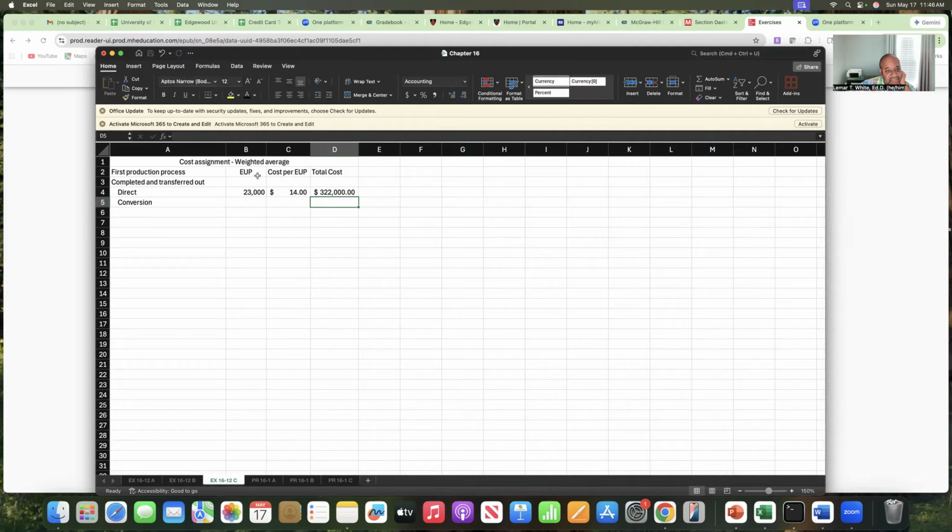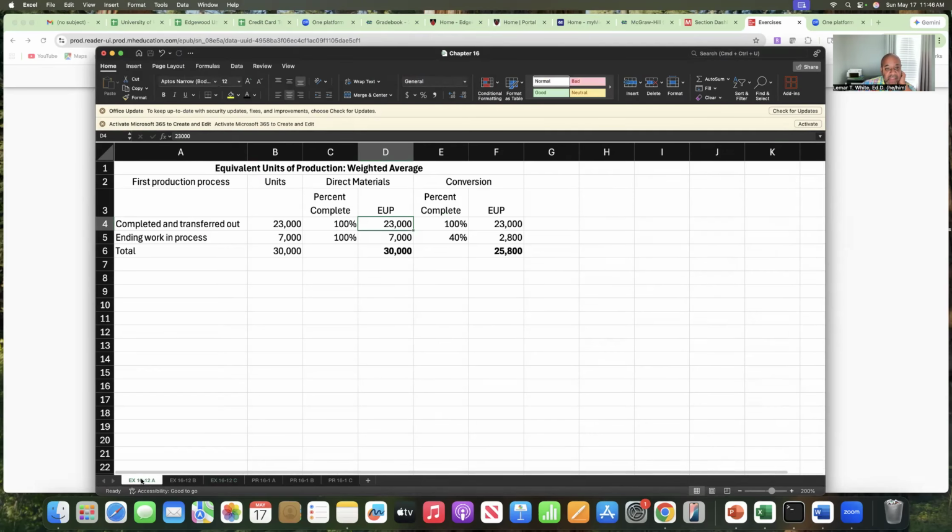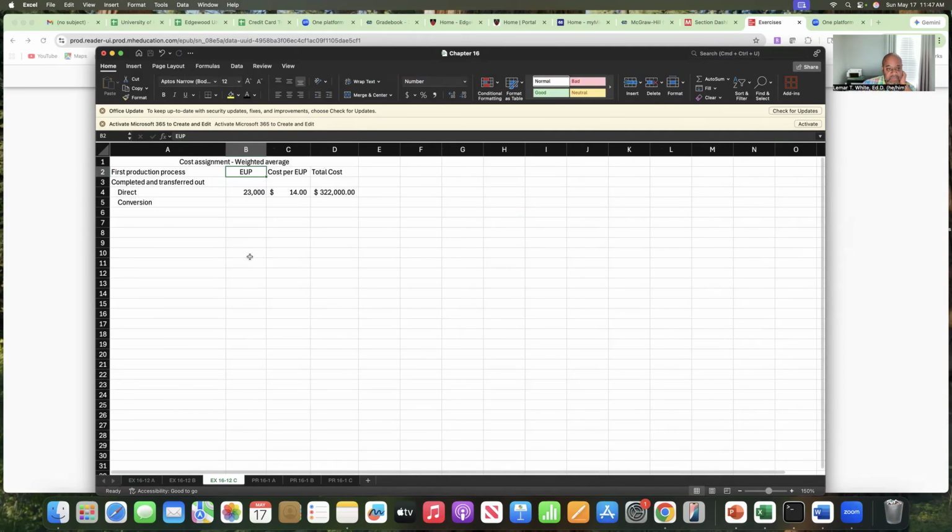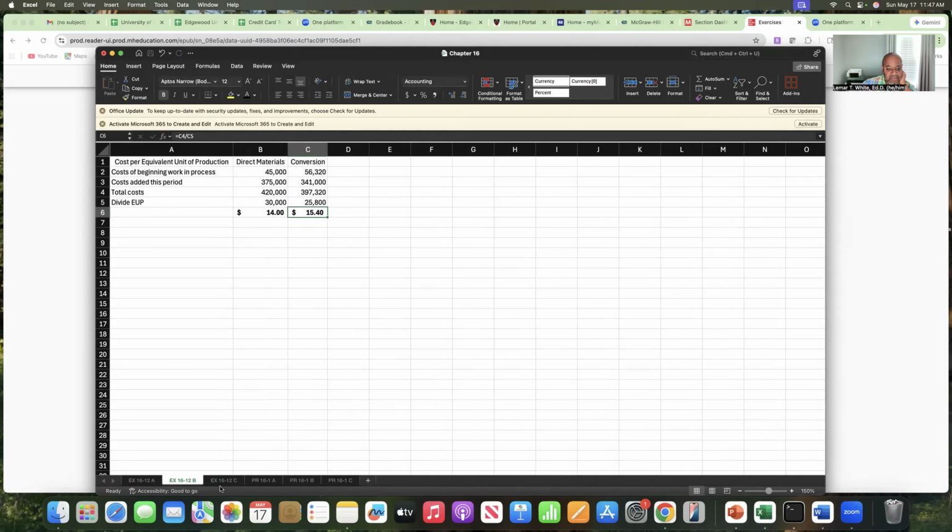For my conversion costs, I need to get my equivalent units of production. So I'm going to go back to part A, and I see that my equivalent units of production for conversion completed and transferred out was 23,000. So I'm going to put 23,000 here as well. Then I know my cost per equivalent unit, which I calculated in B, was $15.40.